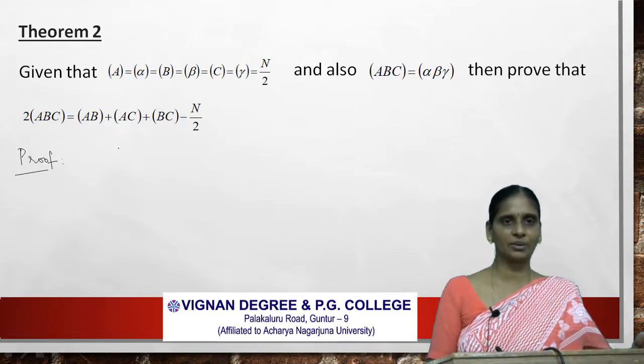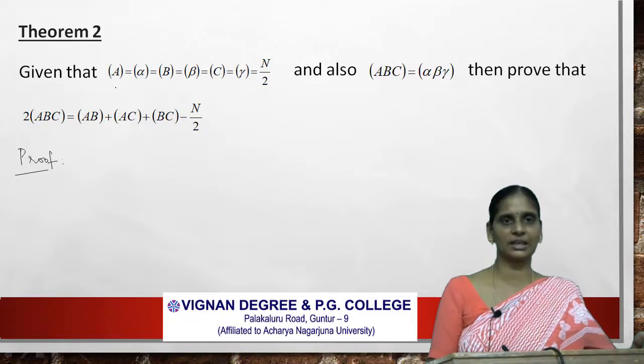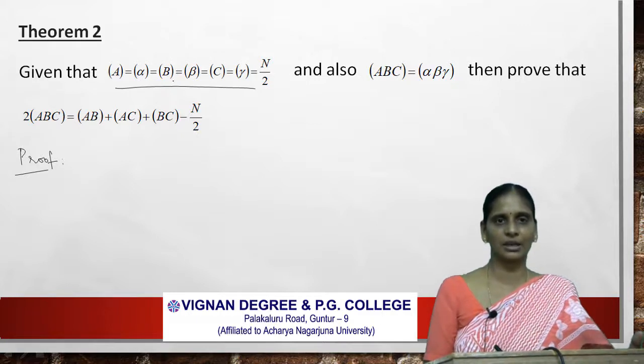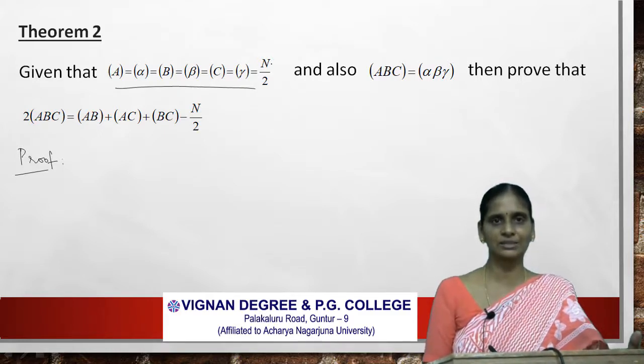First, we are given the conditions. So this is condition 1, that is frequency of A is equal to frequency of alpha. Similarly, frequency of B is equal to frequency of beta. Frequency of C is equal to frequency of gamma. Those 6 class frequencies are equal to n by 2.